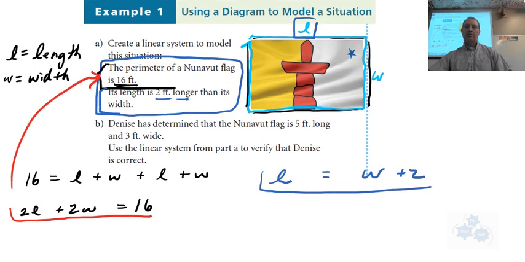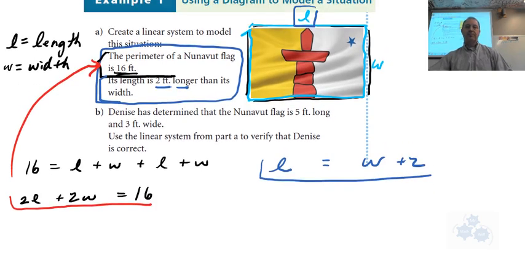Awesome. That's A. Any questions about the A? So B says this. Denise has determined that the Nunavut flag is 5 feet long and 3 feet wide. Use the linear system from part A to verify, or check to see, if Denise is correct.